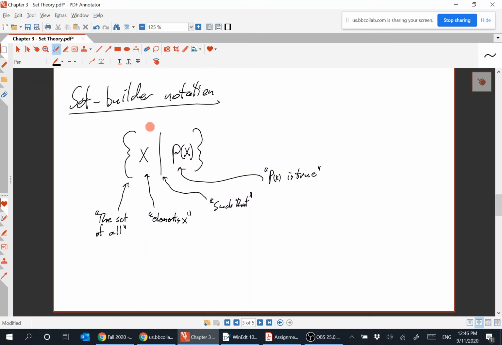So you read it in that order. The set of all, that's this symbol. Elements X, that's this symbol. Such that P of X is true.